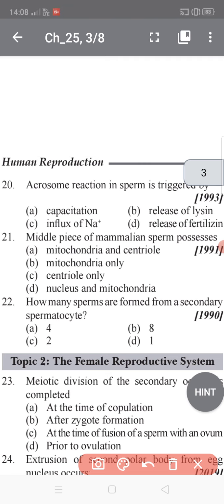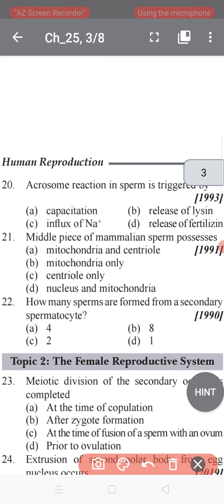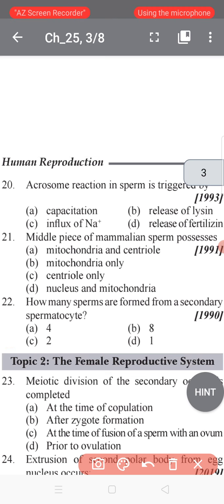A short neck is also present; you can see it very easily in your NCERT. The neck has the centriole, sometimes regarded as a part of the middle piece. So the option is mitochondria and centriole. The middle piece of the mammalian sperm possesses basically what? Yes, mitochondria and centriole.